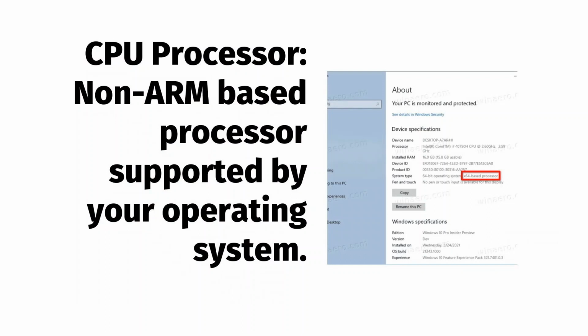CPU processor required, non-ARM based processor supported by your operating system. Again, makikita ulit ito sa specs ng inyong laptop. If you go to the settings, makikita nyo dyan kung 64-bit ba yung ano nyo. Nakalagay din dyan kung anong type of processor.